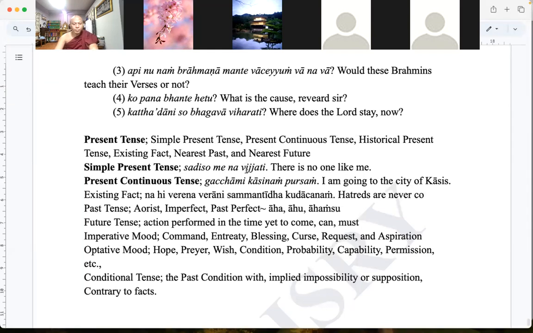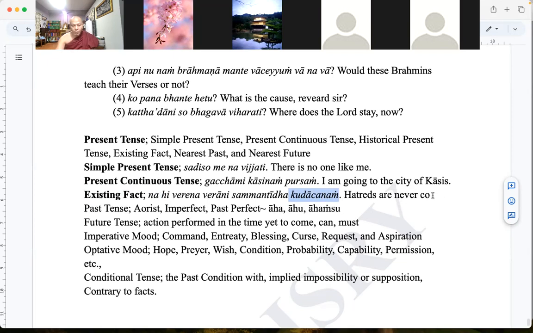So now, the existent fact is expressed here. "Kudācanaṃ" is sometime. Now "kudācanaṃ" is never, not sometime, never.